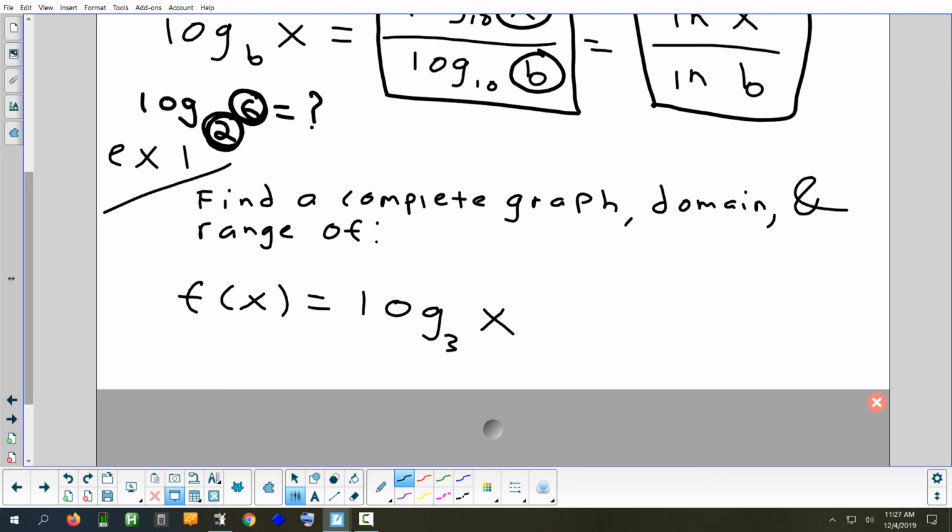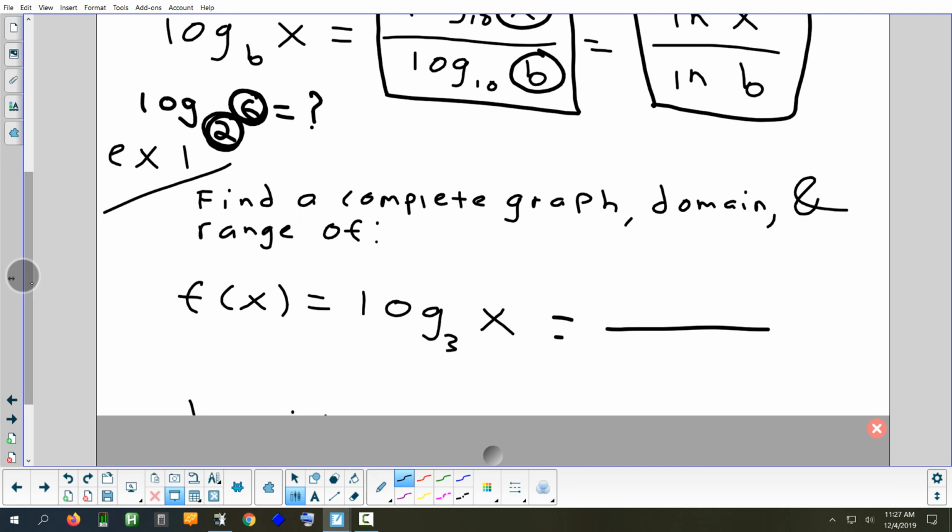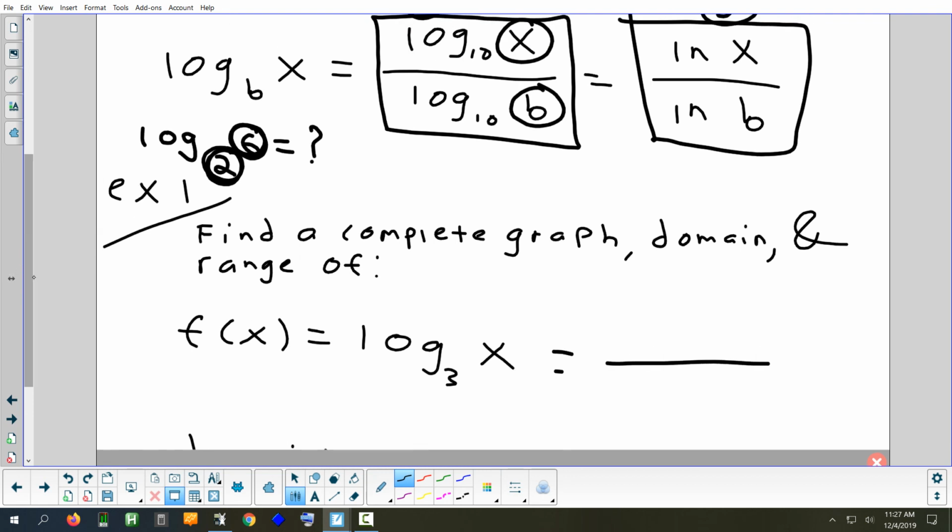So if we're going to type that into a calculator, we're going to have to rewrite it as a fraction. Can somebody give me one way? You don't have to give me 2 ways. Just give me one way to rewrite f of x so I can type it in on a calculator. ln x over ln 3. Perfect. If you want to graph this, you need to type in that. At least that's one of 2 ways you could do it.